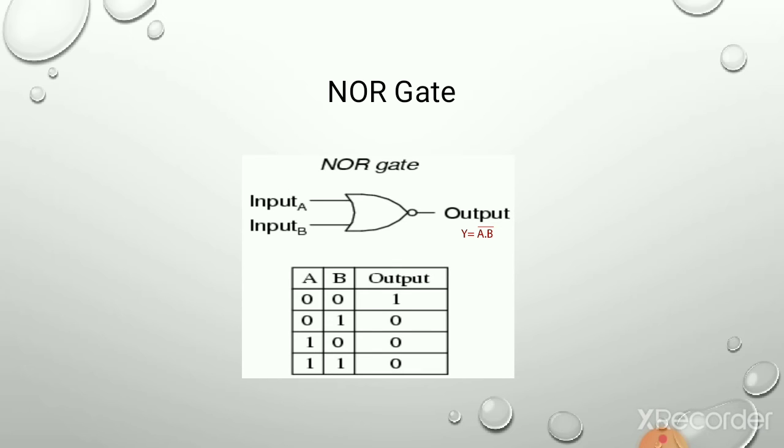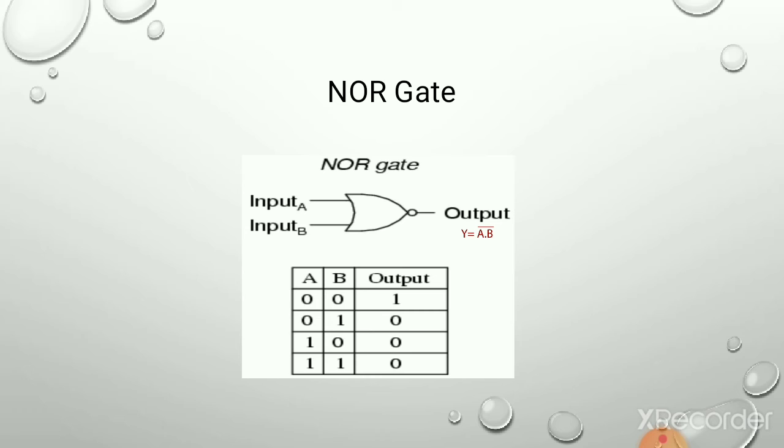Next one is the NOR gate. This is another universal gate. The word NOR can be split as NOT-OR, which means that a NOR operation can be implemented with the combination of an OR gate and a NOT gate, that is, an inverter.